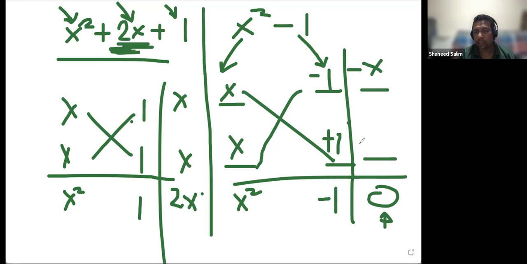X times positive 1 is positive x. Negative x plus positive x is 0. So that means this is how you factorize it. X minus 1, x plus 1.